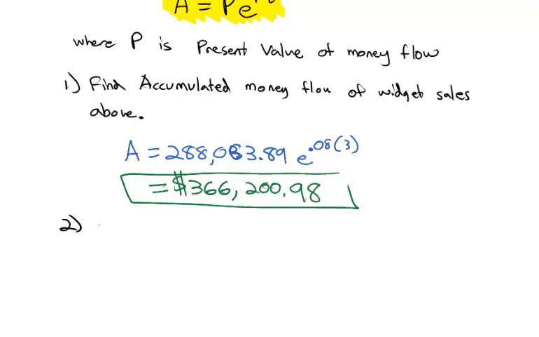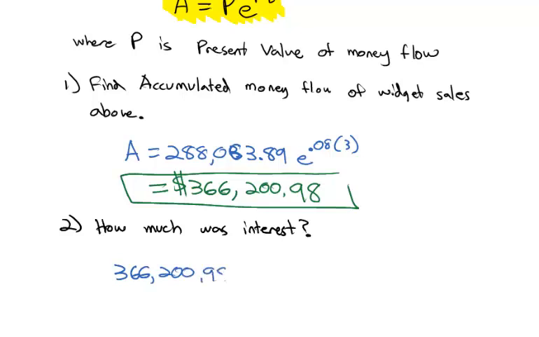You might be also interested in how much was interest. Well, if we've got a total of $366,200.98 over the 3 years, we just have to subtract off how much we actually put in there. And what we put in was continuous over the entire amount of time.